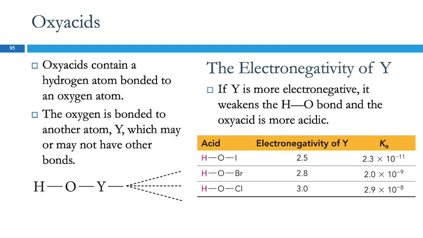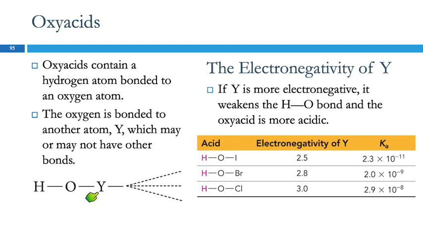All of the hydrogens in an oxyacid are bonded to oxygens, not directly to the central atom. So here we're looking at the strength of this bond. The polarity is correct. Oxygen is more electronegative. Hydrogen has the positive end of the polar bond. But the things that are bonded to this element can have an effect on the strength of that bond.